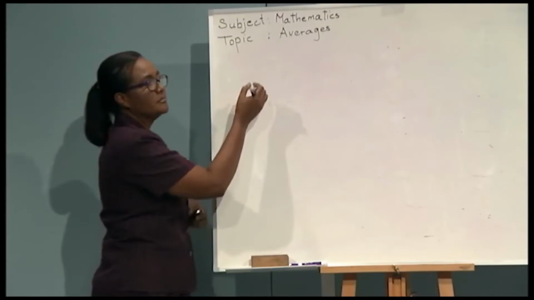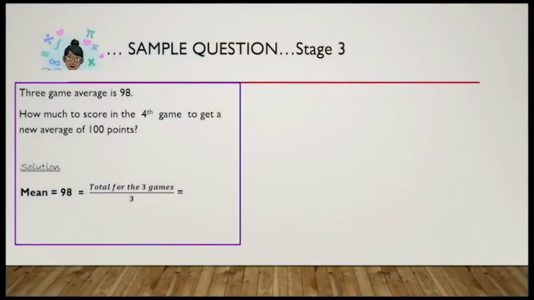So let's start. The first information we have is that the 3-game average is 98 points. And then for the 4-game average, sorry, that is an IS, is 100 points.